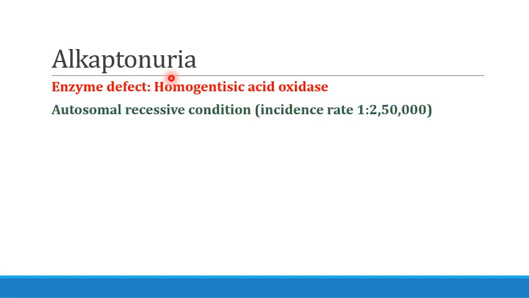Now, the second condition is called alkaptonuria. Again, it is an inborn error of tyrosine metabolism. Alkaptonuria is due to defect or deficiency of the enzyme homogentisic acid oxidase. It's an autosomal recessive condition with an incidence rate of 1 in 250,000 live births.